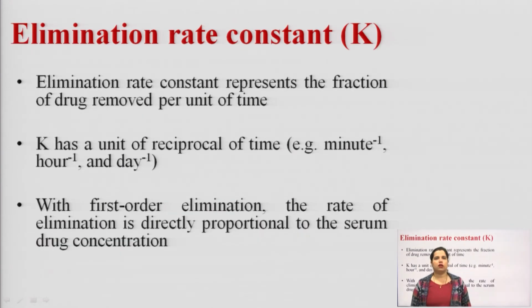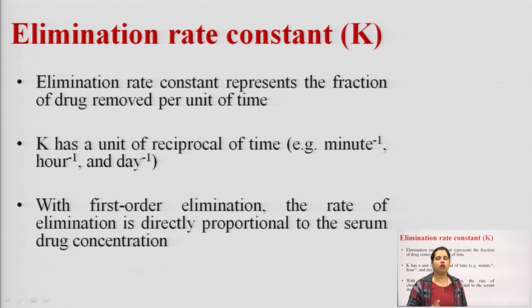Elimination rate constant. After volume of distribution, this is another important parameter to assess the pharmacokinetic profile of a drug. Elimination rate constant represents the fraction of drug removed per unit of time. K has unit of reciprocal of time, for example minute to the power minus 1, hour to the power minus 1.